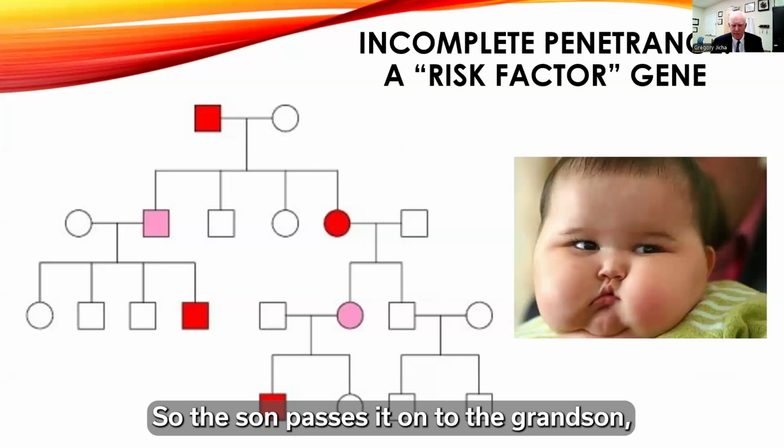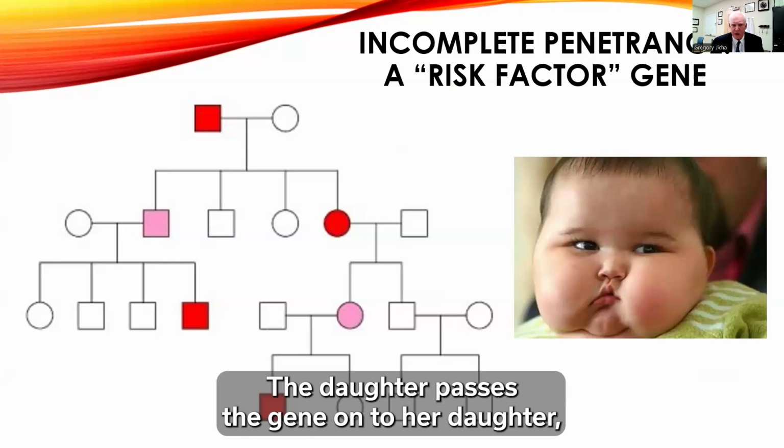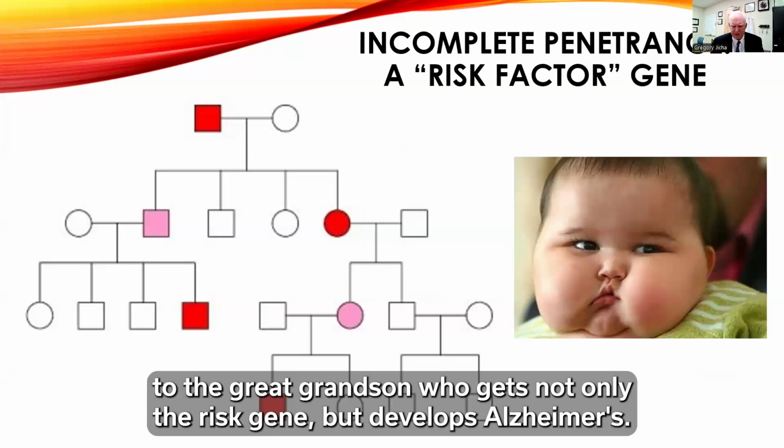So the son passes it on to the grandson who gets the disease. The daughter passes the gene on to her daughter, who doesn't get Alzheimer's, but who passes on that gene to the great grandson who gets not only the risk gene but develops Alzheimer's.